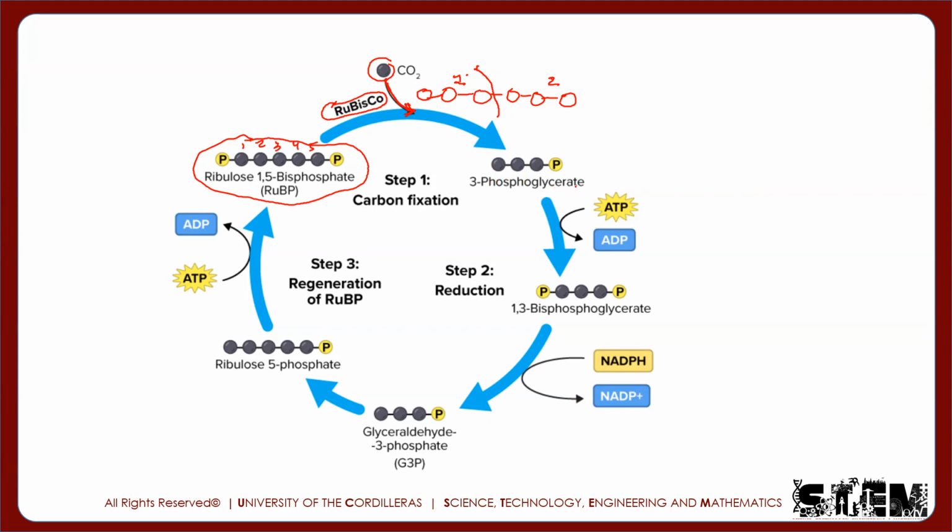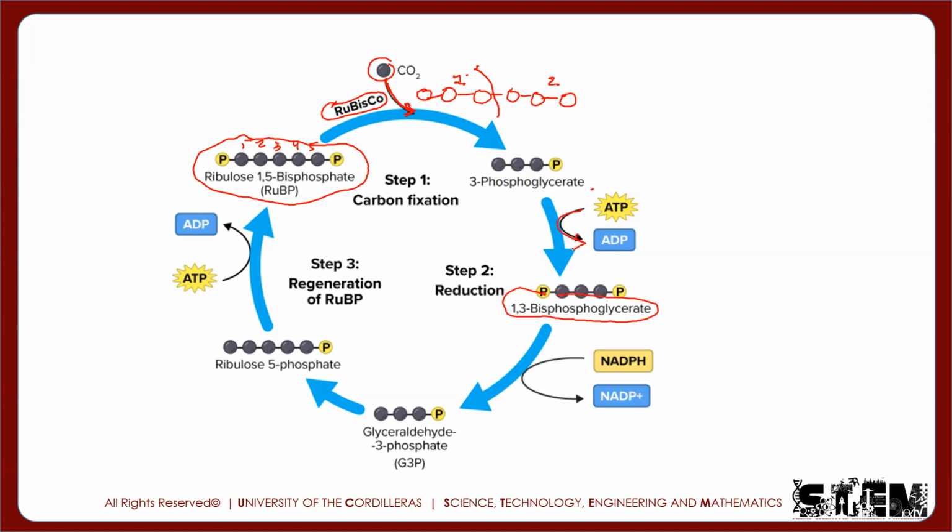And then with the use of ATP that came from the light reaction, phosphoglycerate will become 1,3-bisphosphoglycerate. So ATP is used here. It's like a lubricant.